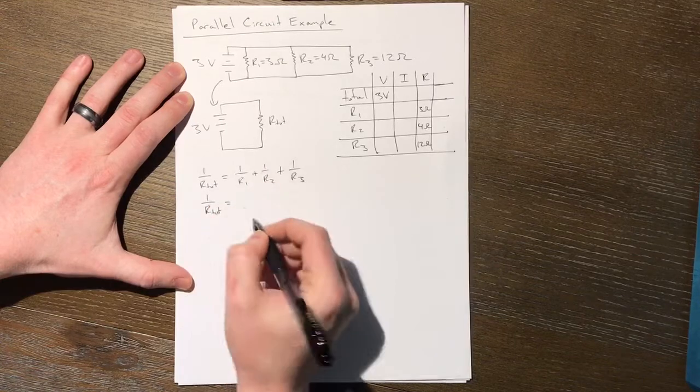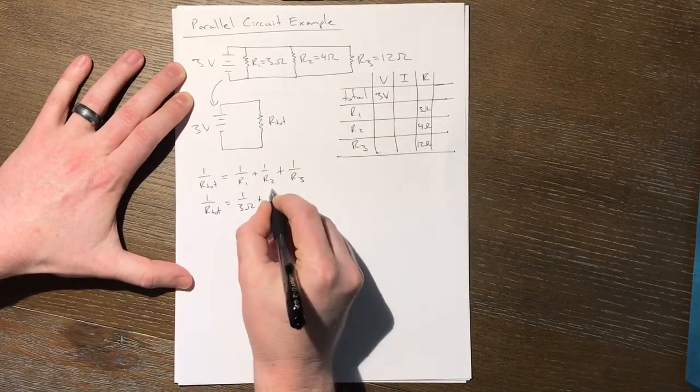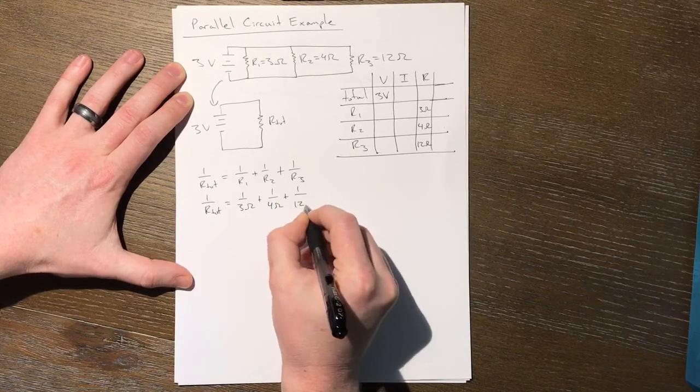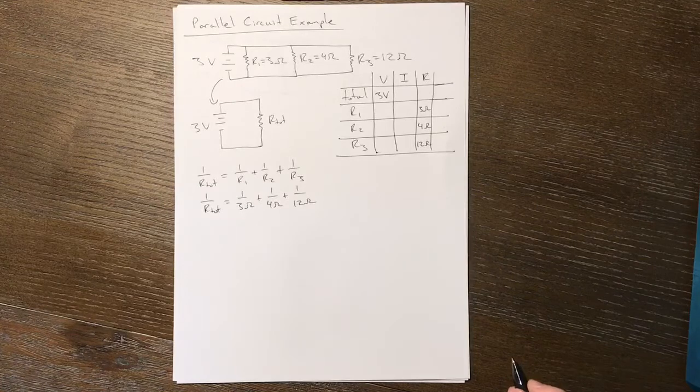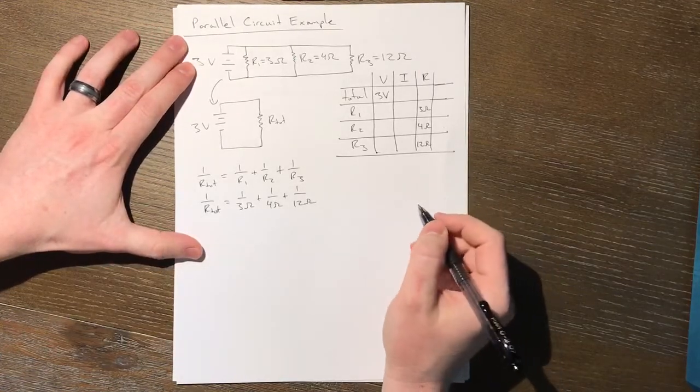Because what do we get here? 1 over R total is 1 over 3 ohms plus 1 over 4 ohms plus 1 over 12 ohms. And now if we wanted to add these, we would need to get a common denominator.